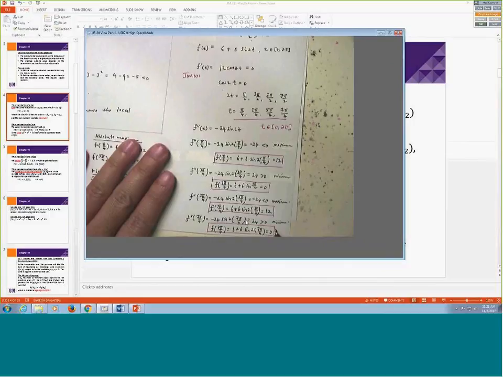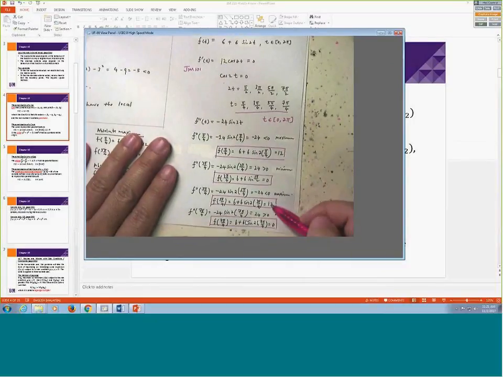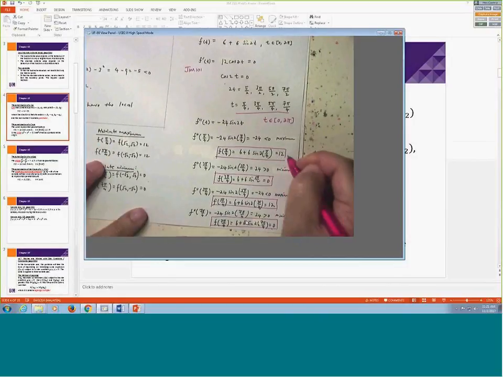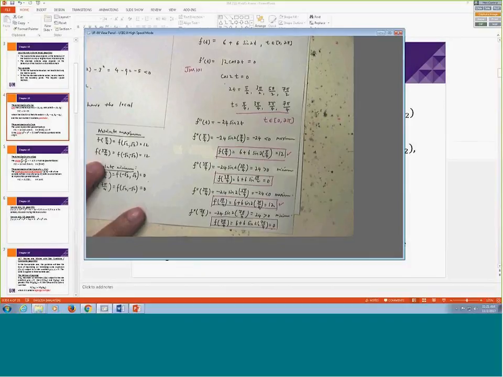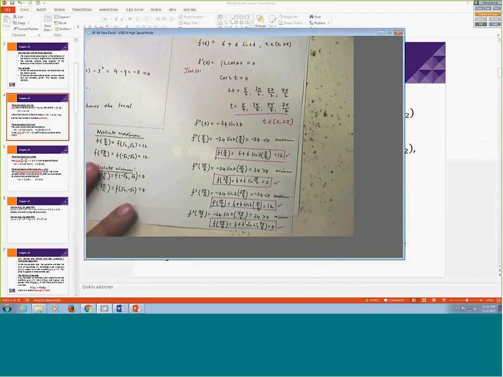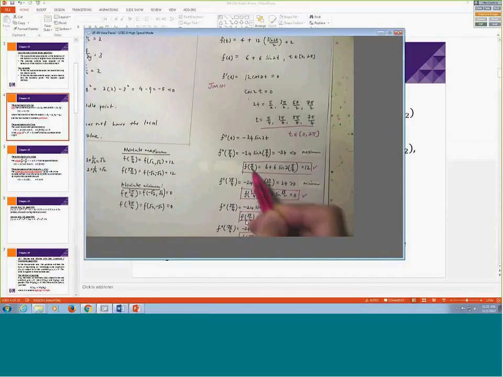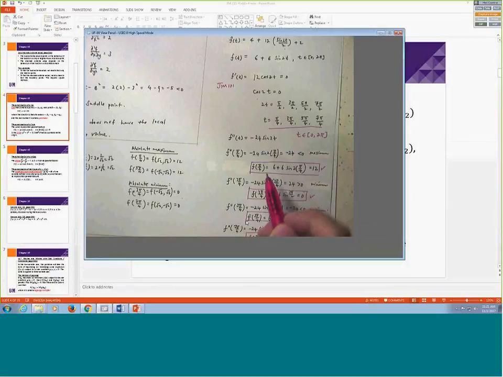So 12 is the maximum, 0 is the minimum. These two points will give us the absolute maximum, and these two will give us the absolute minimum. But remember, this is in t. f(π/4) is in t.